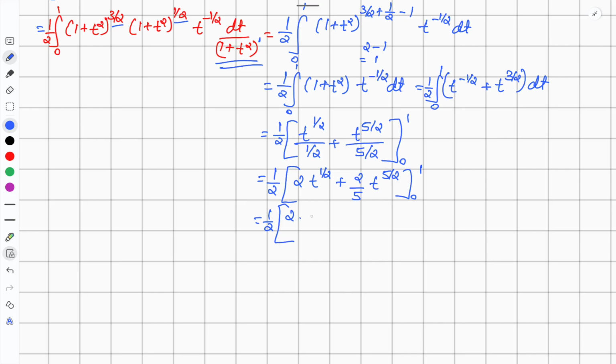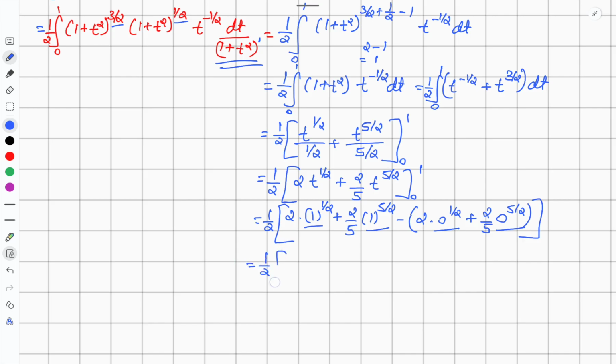So let's put 1 first. 1 raised to power 1 by 2 plus 2 by 5 into 1 raised to power 5 by 2 minus, then we put 0 raised to power 1 by 2 plus 2 by 5, 0 raised to power 5 by 2. So 1 raised to power 1 by 2 is 1, 1 raised to power 5 by 2 is also 1, 0 raised to power 1 by 2 is 0, 0 raised to power 5 by 2 is 0.